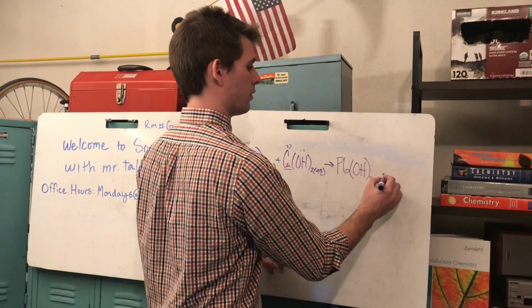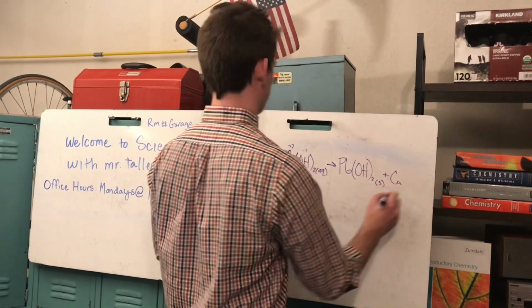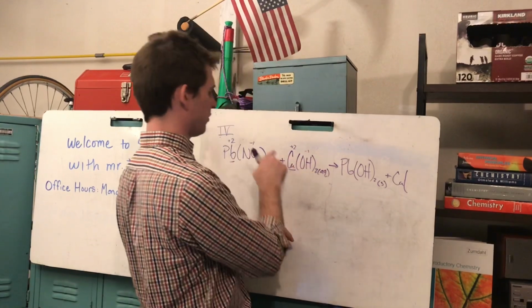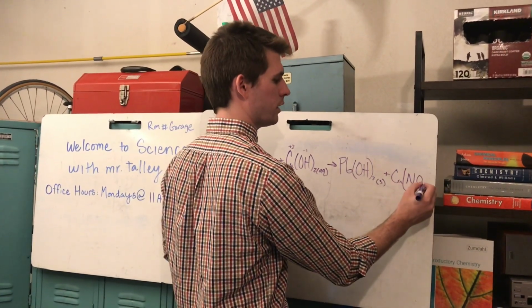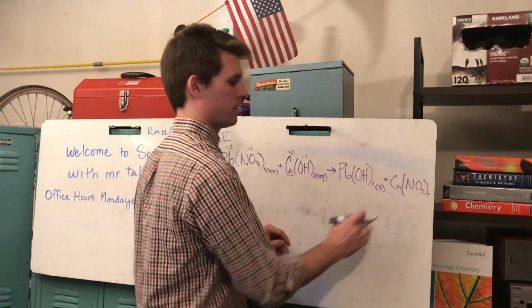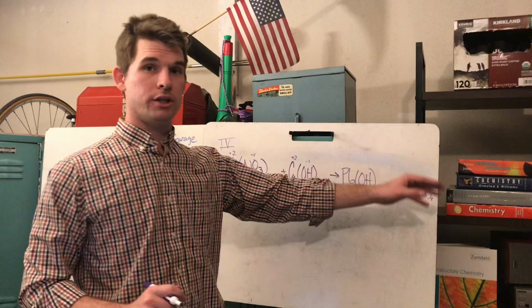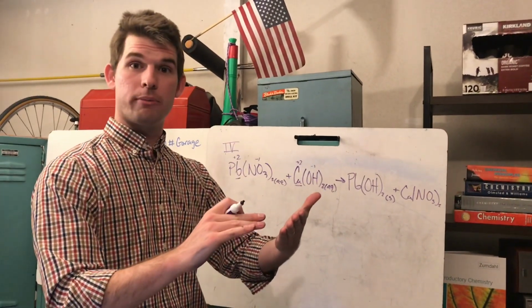The other product that we have is going to be calcium combined with nitrate, and because calcium is +2 and nitrate is -1, I need 2 nitrates. I didn't write that very well. Okay, and now we have to look at our cheat sheet. Nitrates are always soluble no matter what.